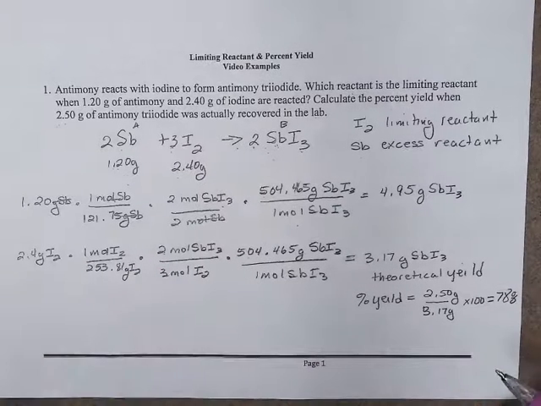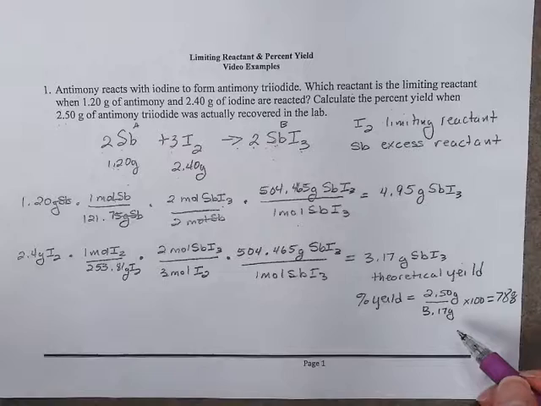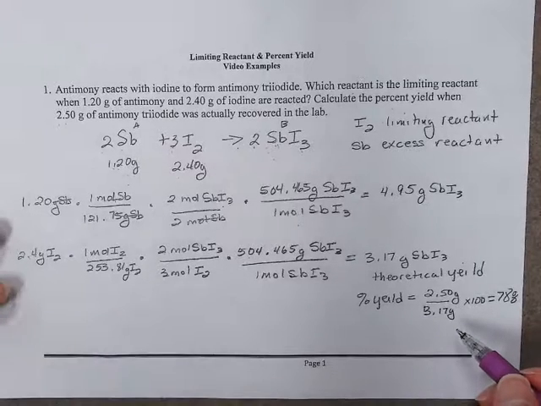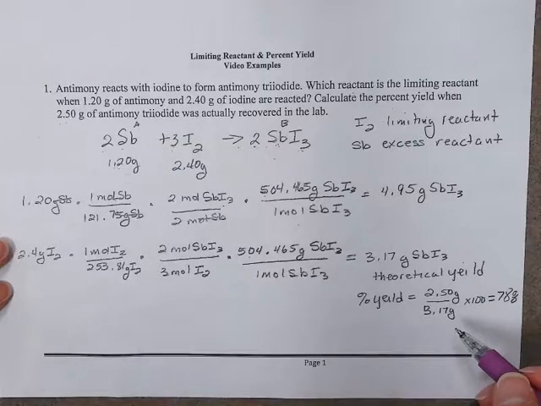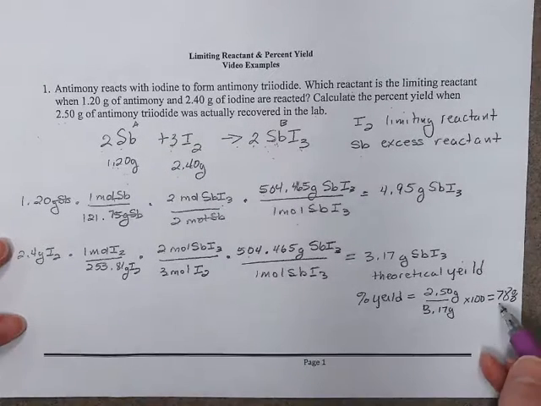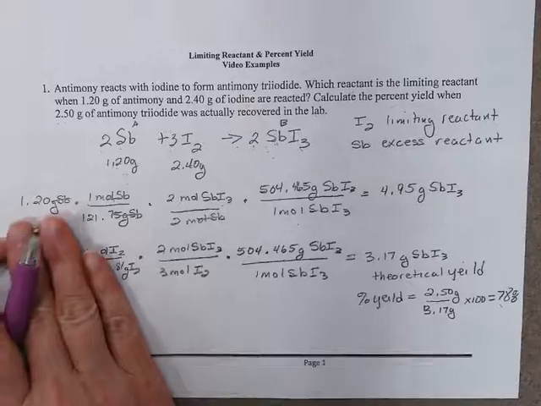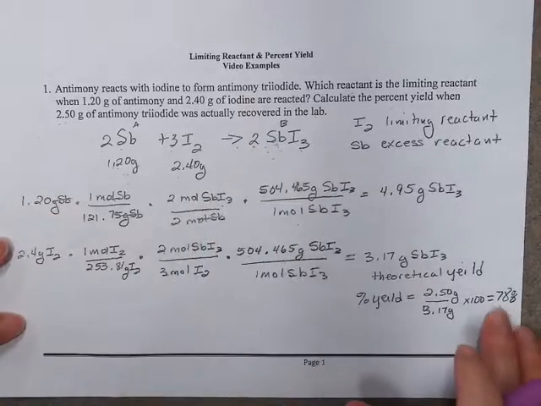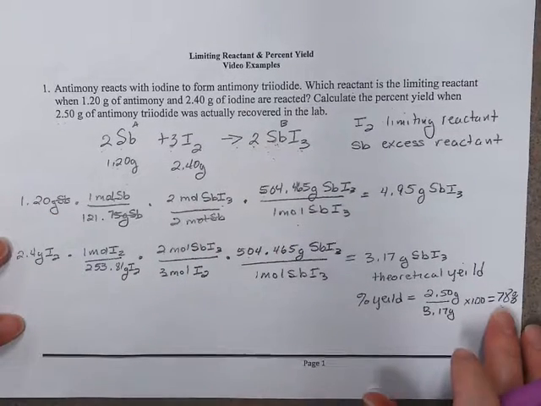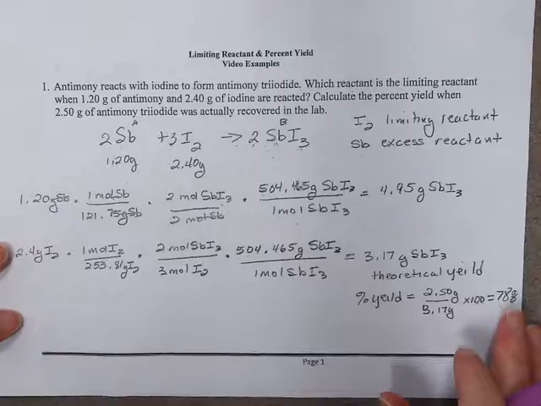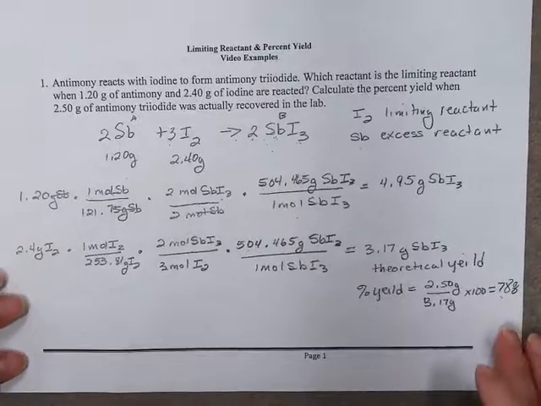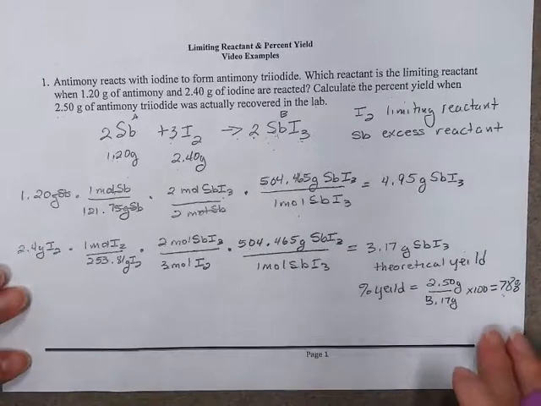So not a good yield, because we want close to 100, although not all reactions will go to 100. But if you're working in manufacturing or in pharmaceuticals, you're trying to calculate for the things you put in for the product you want to make, you're trying to get as close to 100% as possible. Okay? Otherwise, your productivity is not very good.